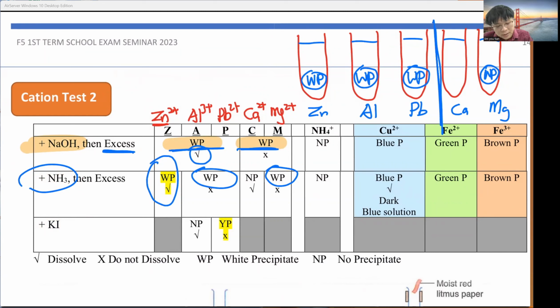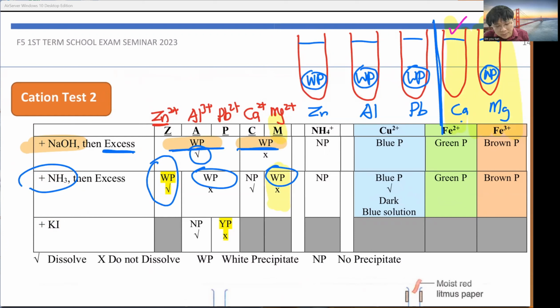But as just now, we know the right hand side is calcium and magnesium. So the one that has white precipitate will be magnesium. The one with no precipitate will be calcium. So these 2 are identified, calcium and magnesium.